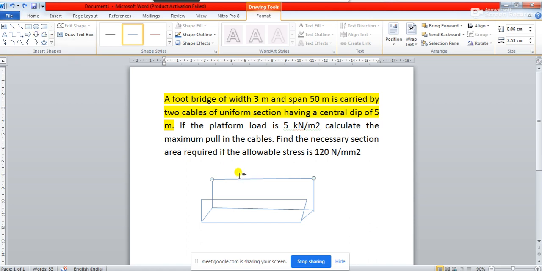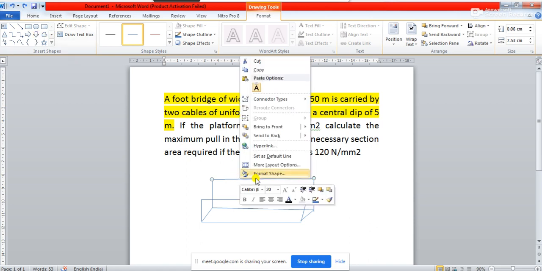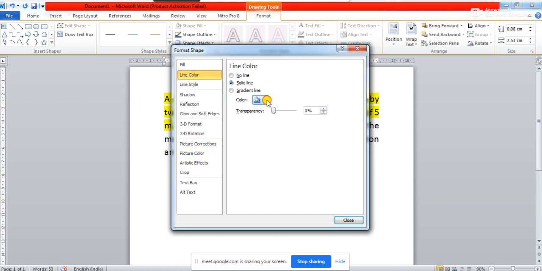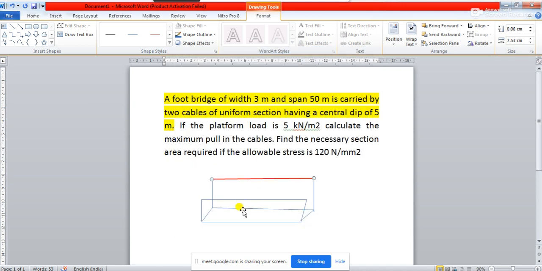So for more clarification I'll just color it, so you will understand it better. Let's say these are cables. If I change the line color to red, let's say these are cables. So this is one cable, and another cable is this one.